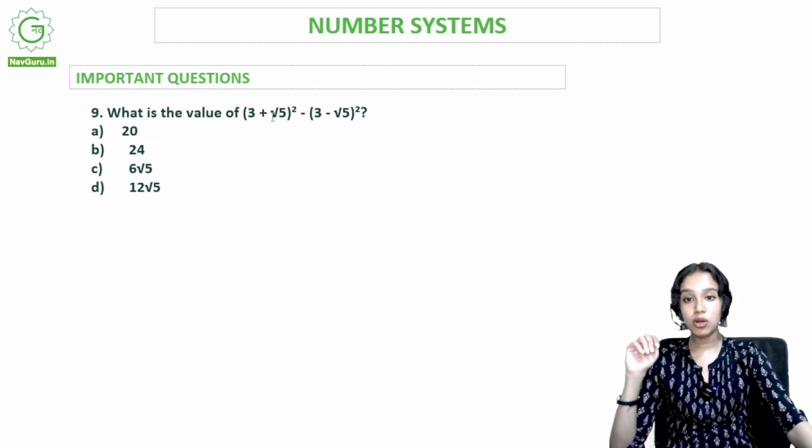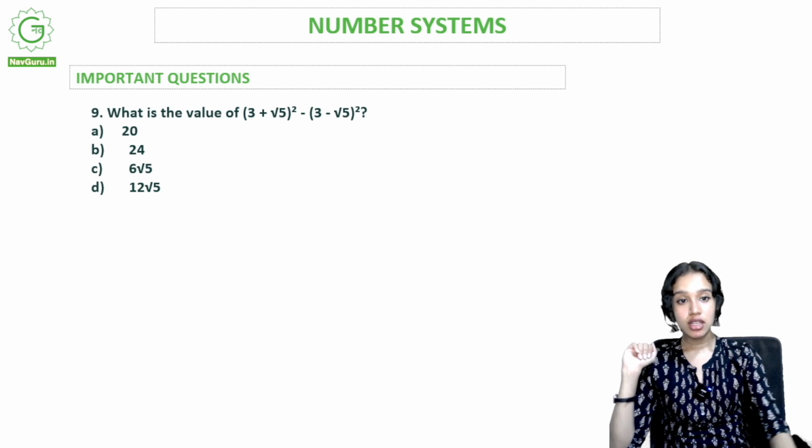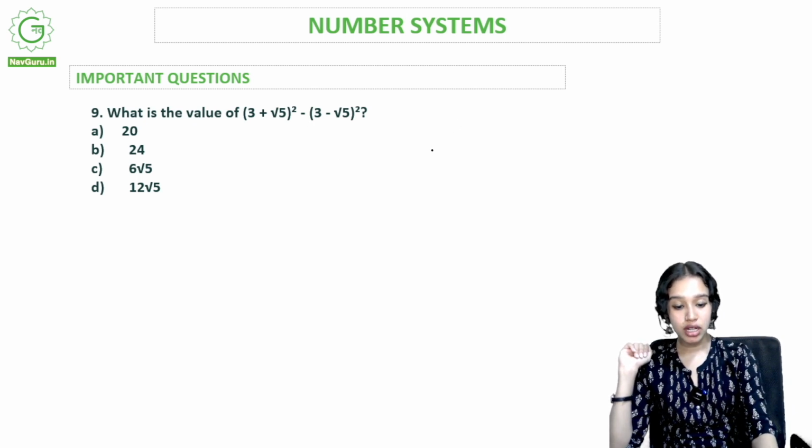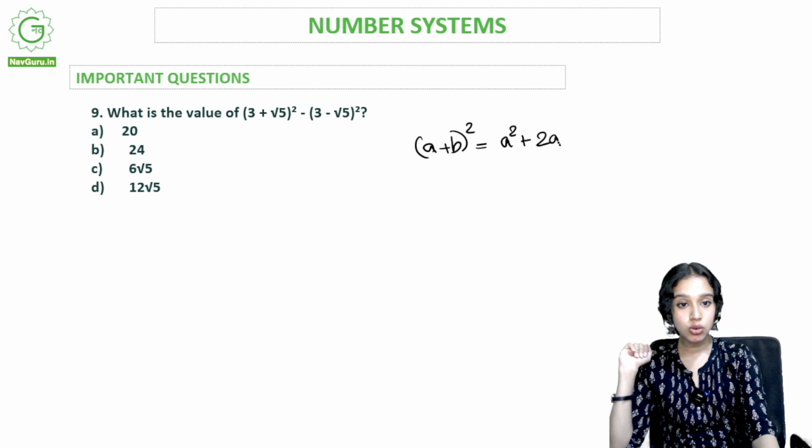What is the value of 3 plus root 5 the whole square minus 3 minus root 5 the whole square? So we all know the formula of a plus b the whole square. A plus b the whole square equals a square plus 2ab plus b square.